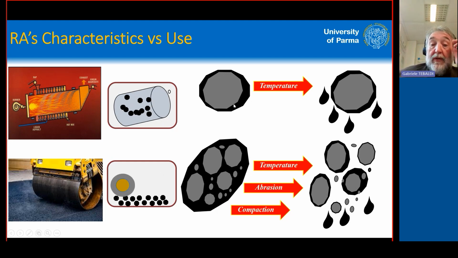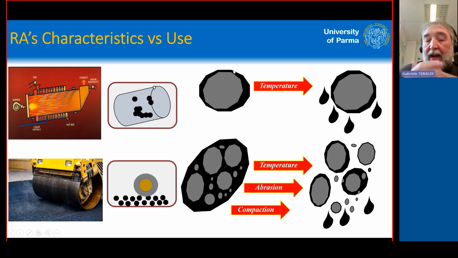If we have what we decided, what we named before, hot rock, we probably have only the effect of the temperature and some softening of the bitumen. I say probably because if we act with a very strong force and/or the aggregate is weak, we may also have some breaking, some polishing, some cracks in the aggregate. But generally speaking, we can decide that the main action is only the temperature.